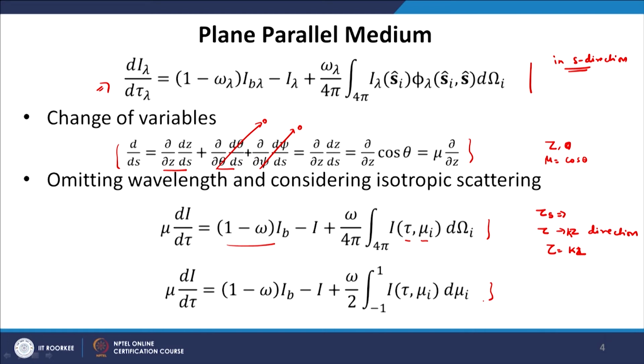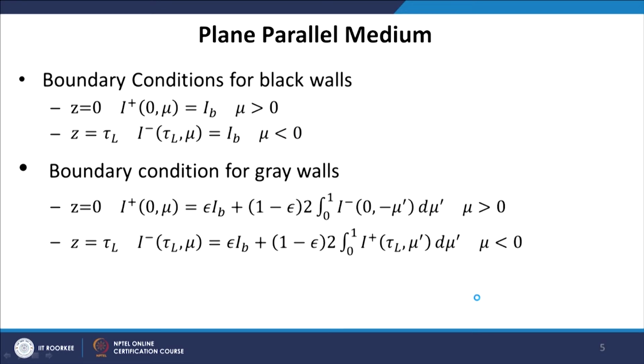So, d omega we know is basically sin theta d theta d psi. We have already integrated over d psi, since there is no dependence of intensity on psi, so we can take it out, and the right hand side simplifies to omega by 2 times the integration from minus 1 to 1 of I of tau and mu i, d mu i. So, we have to integrate over all the theta directions. So, this was the simplification of the radiative transfer equation.